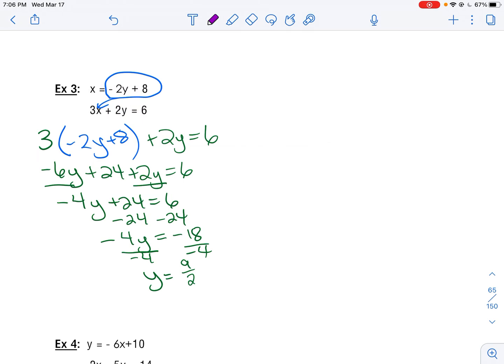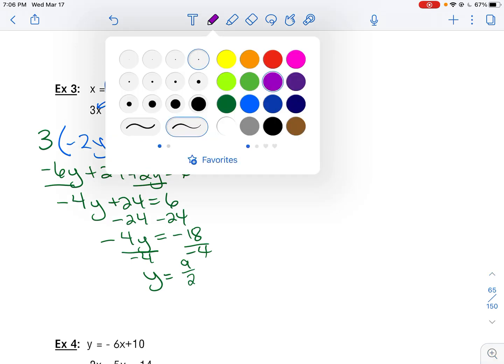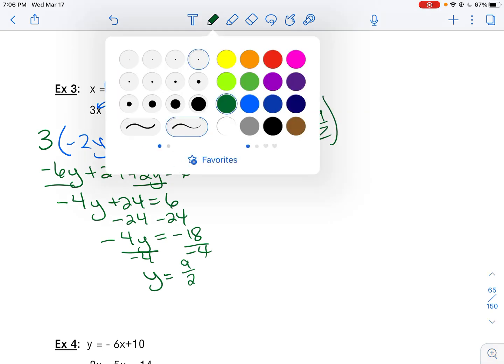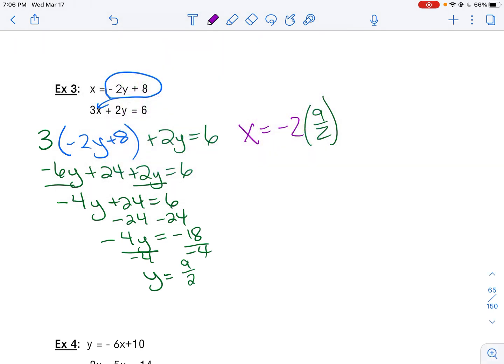So we're going to plug it in. X equals -2 times 9/2 plus 8. Okay, 2's cancel, and I get -9 plus 8, so x equals -1.